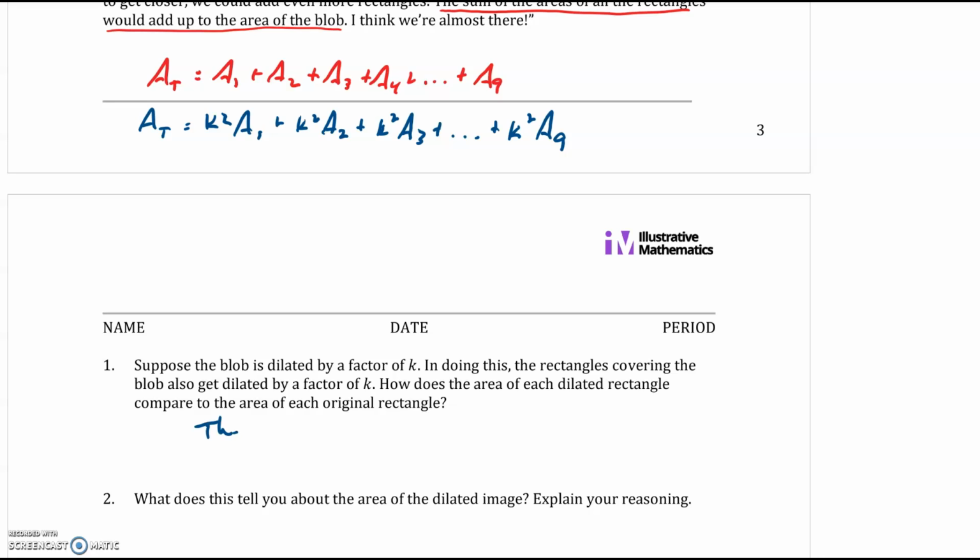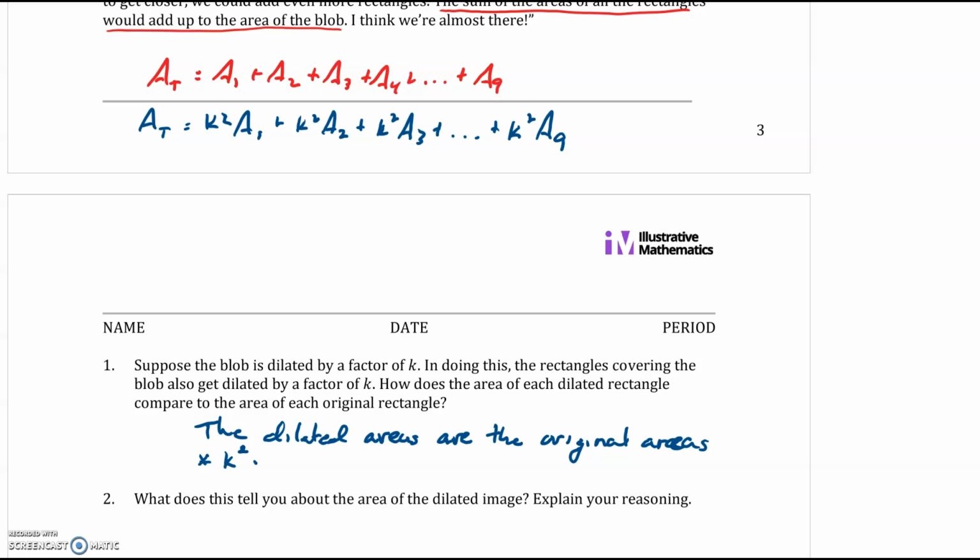Well, the dilated areas are the original areas multiplied by k squared.